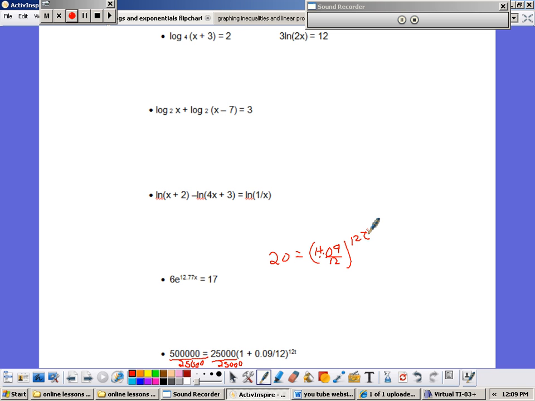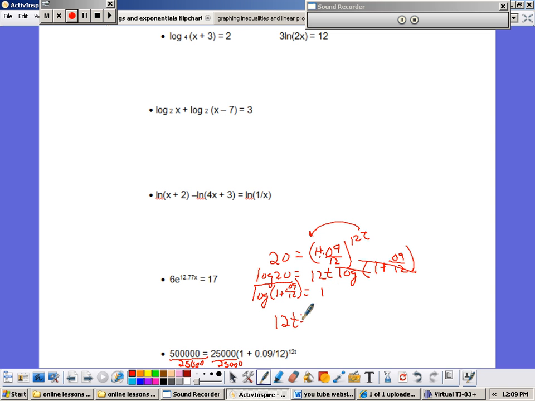Now, my variable is in the exponent, so I need to log both sides. So I bring the 12t out front: 12t times the log of 1 plus 0.09 over 12 equals the log of 20. Divide by the log of 1 plus 0.09 over 12, and that will go away.